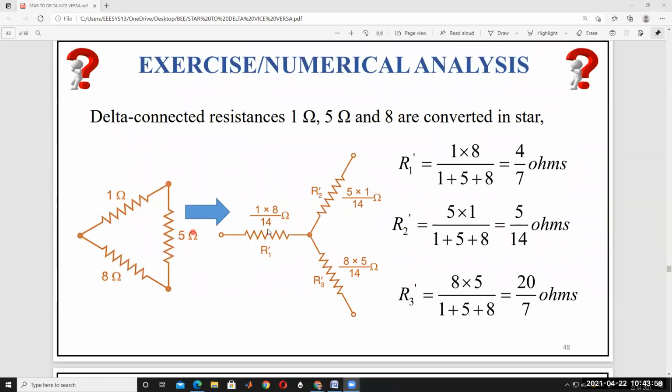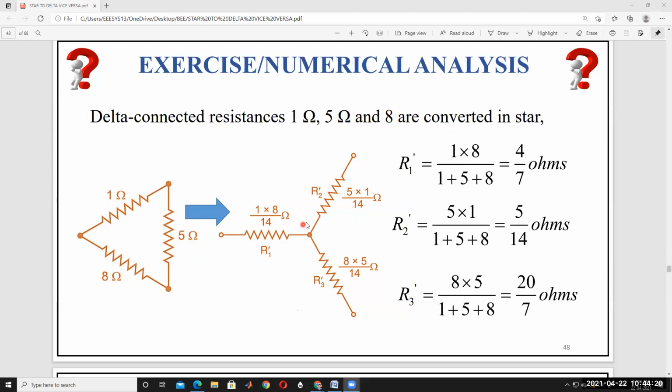1, 5, 8 delta to star conversion. So the delta connected resistances 1, 5, 8 are converted into star. So what is the resistance here? 1 into 8 divided by 1 plus 8 plus 5. Am I right?